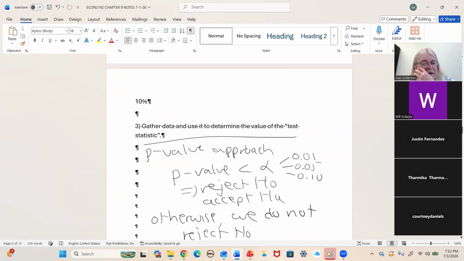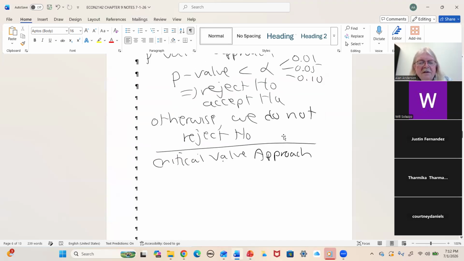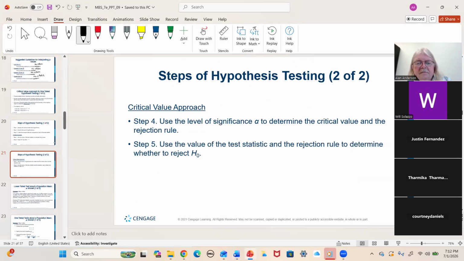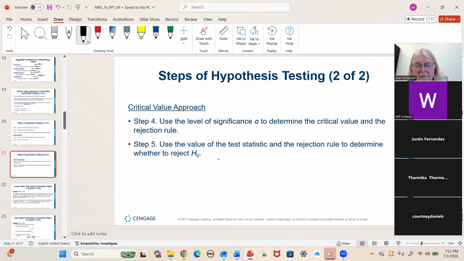Once we get past the first three stages, gathered up all of our data, we're going to construct a test statistic. And we also need the critical value.